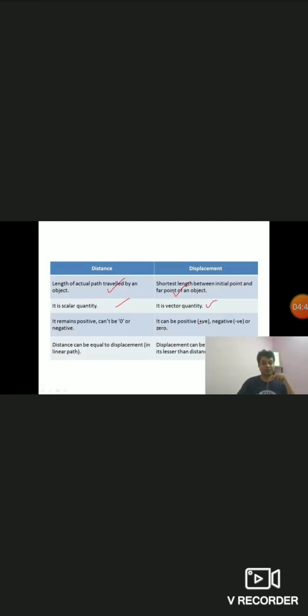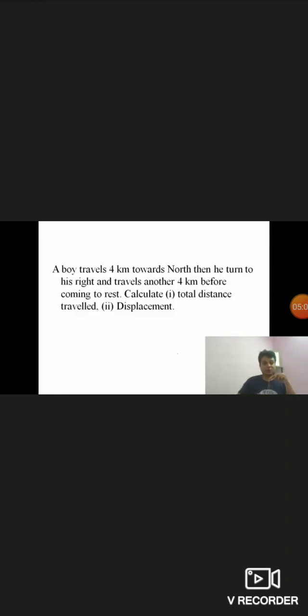Distance can be positive, it cannot be 0 or negative, but displacement can be positive, negative or 0. Distance can be equal to displacement in the case of a linear path, and displacement can be equal to or lesser than distance. So these are the differences between distance and displacement. We can do one problem here.